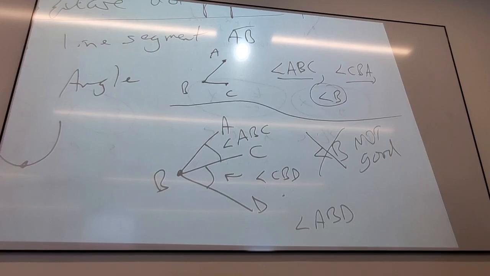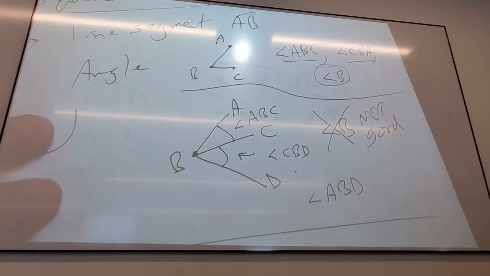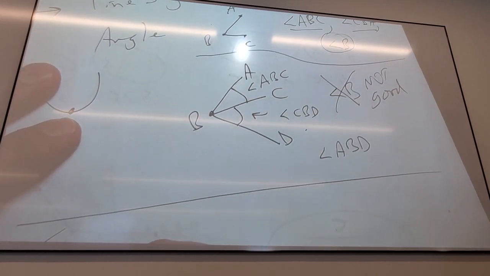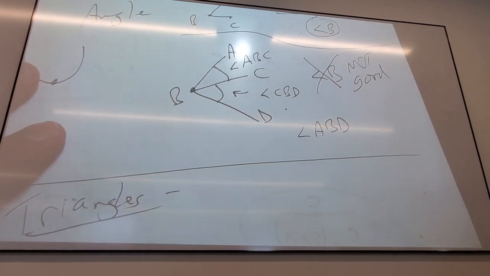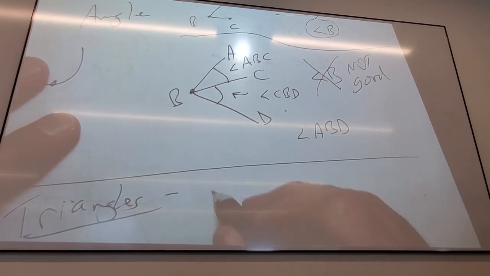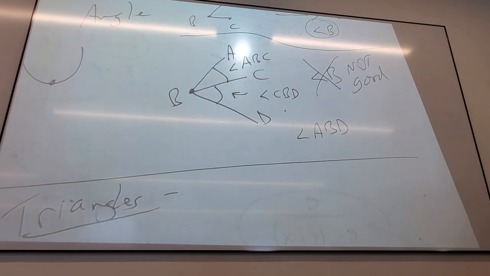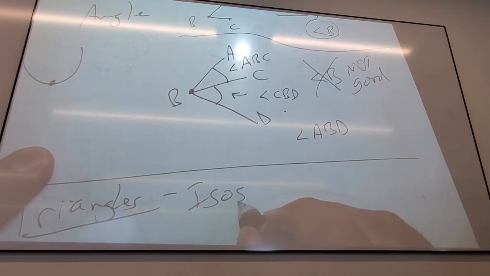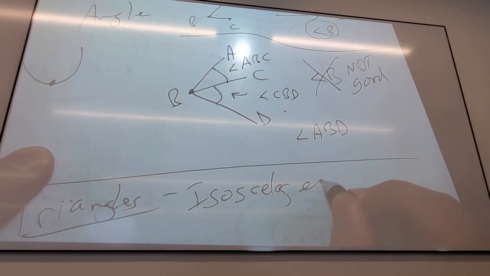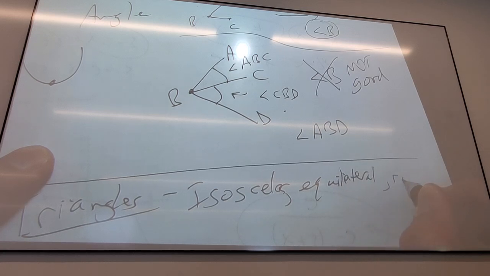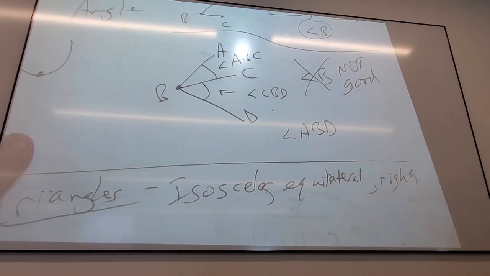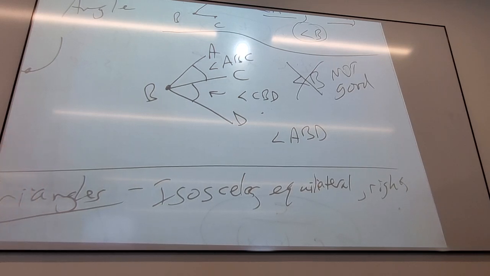I think we talked about the different kinds of triangles. Isosceles, equilateral, right. Now what's really interesting is, what's a scalene triangle?